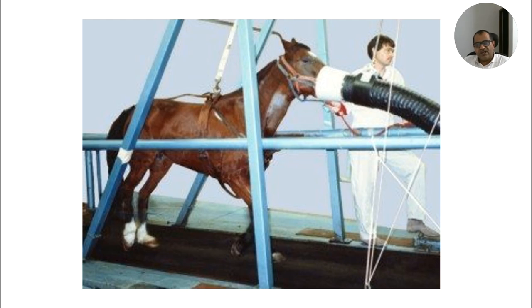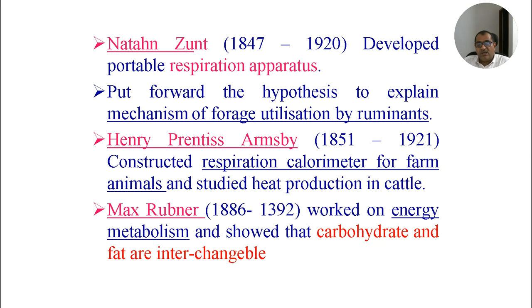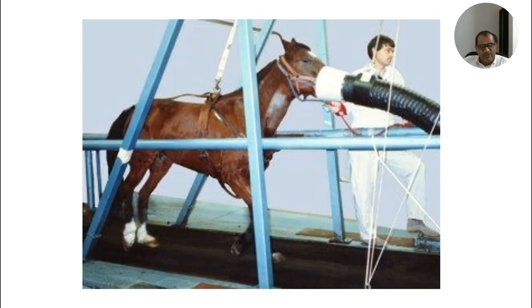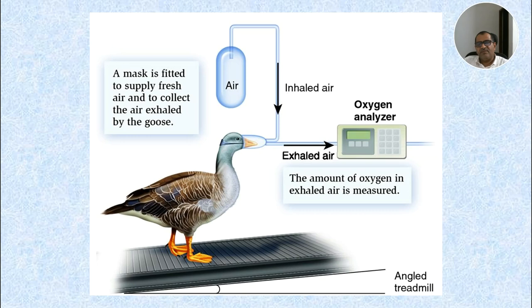So he conducted such type of experiments using the respiration calorimeter. This is a very crude form of the respiration calorimeter he used. Here one experiment is conducted, especially on a bird.